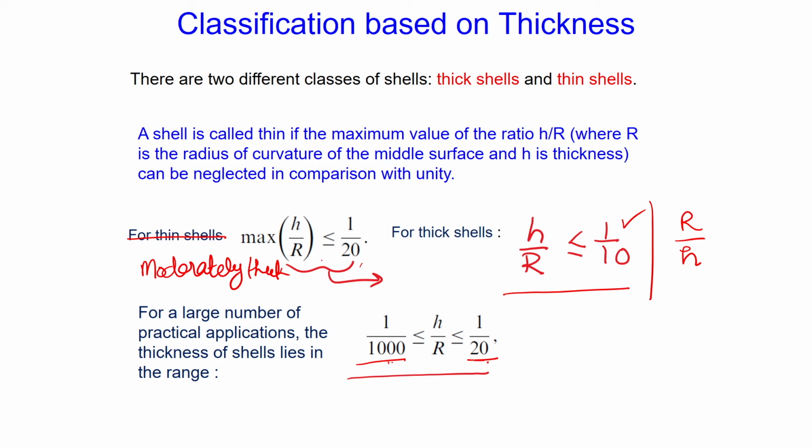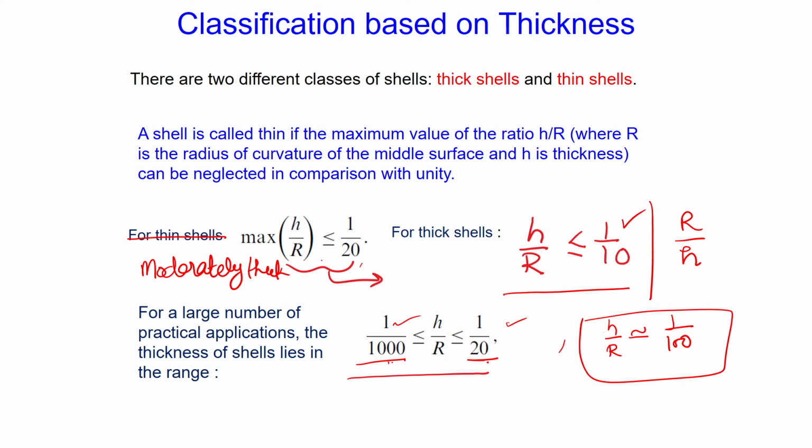Generally it has been found that for a large number of practical applications, the thickness of the shell lies between these. Specifically, h by R in most cases is between 1 by 100 and 1 by 200. That is the reason that thin shell theories are preferred mostly to analyze the behavior of shells.